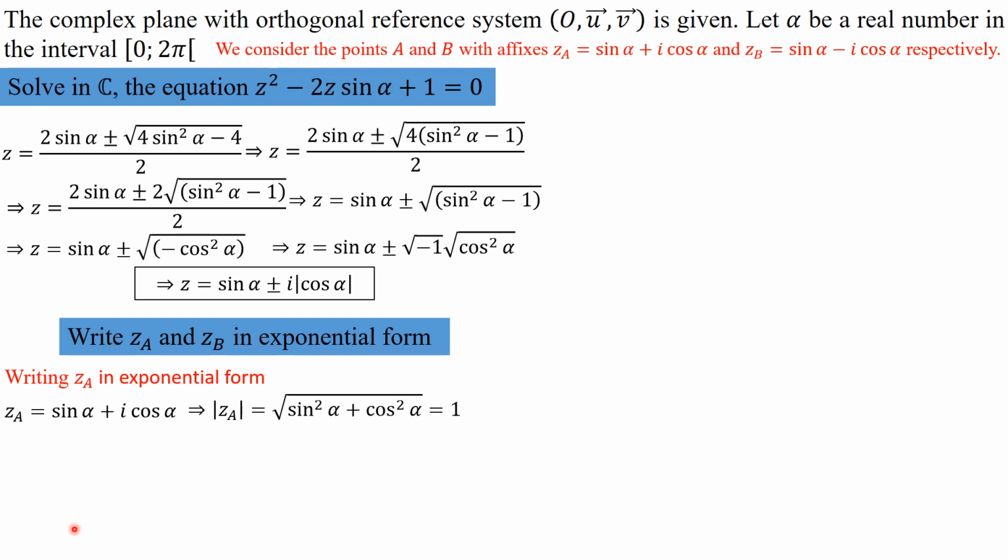So I'm just going to sketch the graph of sine alpha and the graph of cos alpha. That's what we are going to do. I'm going to sketch these graphs in the interval 0 to 2 pi. So let's begin with sine alpha.